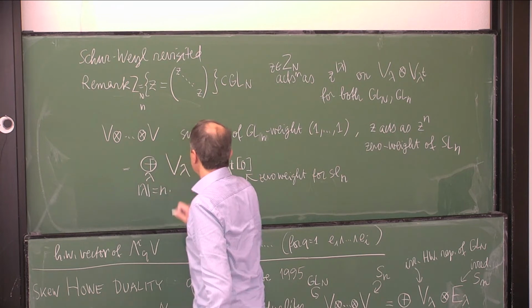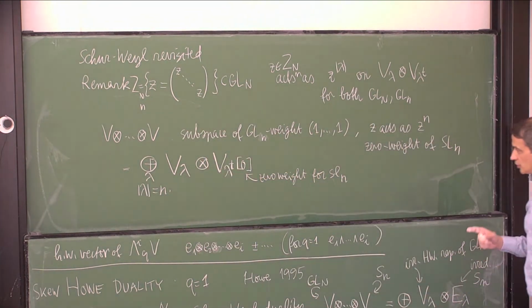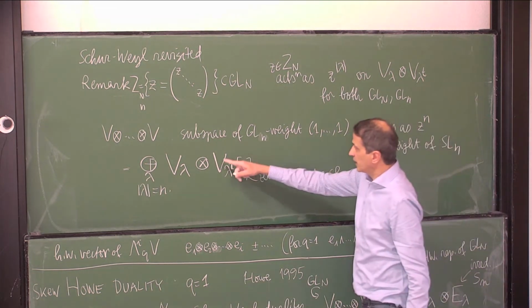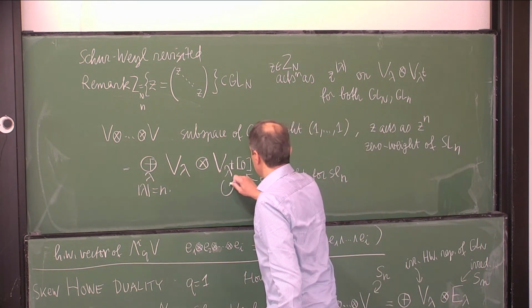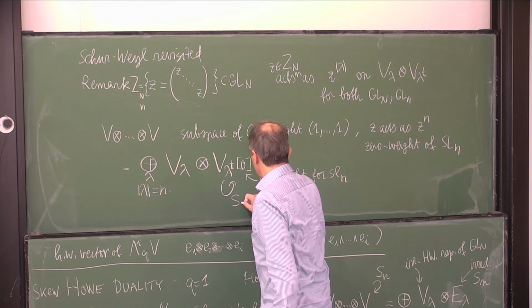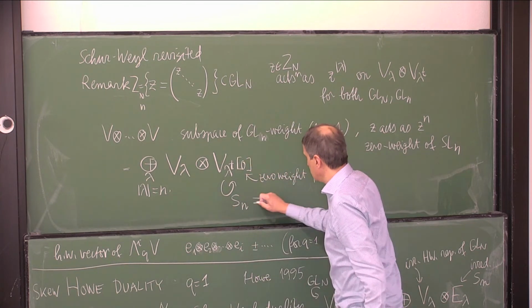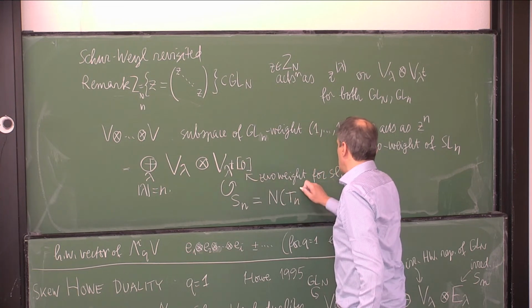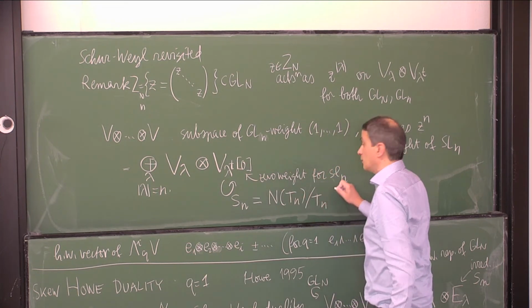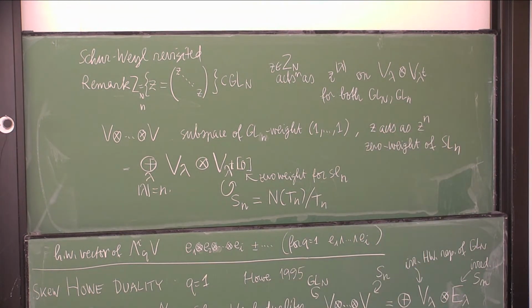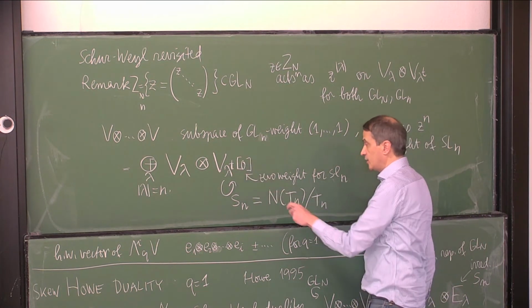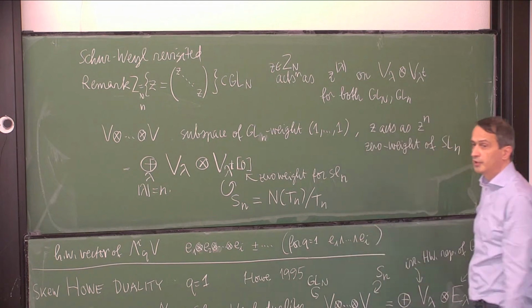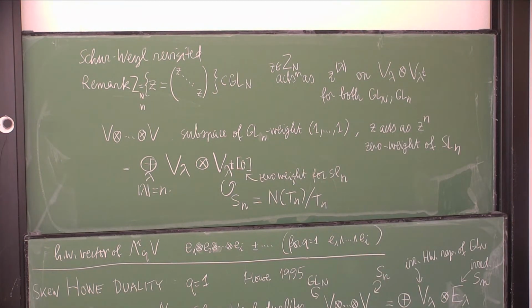Of course, the group GL_n will not act on the zero weight space, but the normalizer of the torus will act there. So here you have an action of the Weyl group, an action of S_n, which is the normalizer of the torus. So you realize this representation theory of S_n as the action of the Weyl group on the zero weight space of highest weight representations.